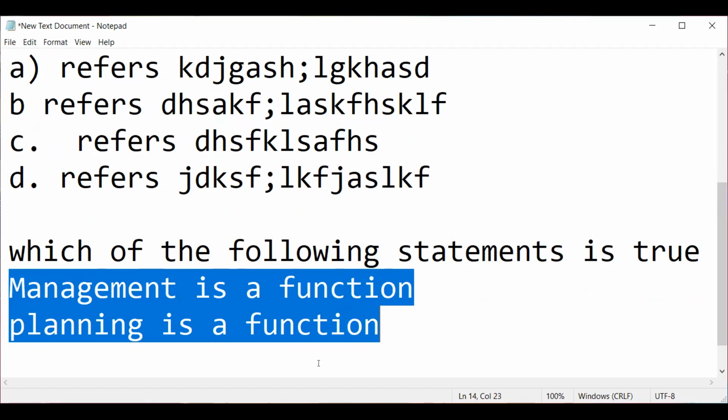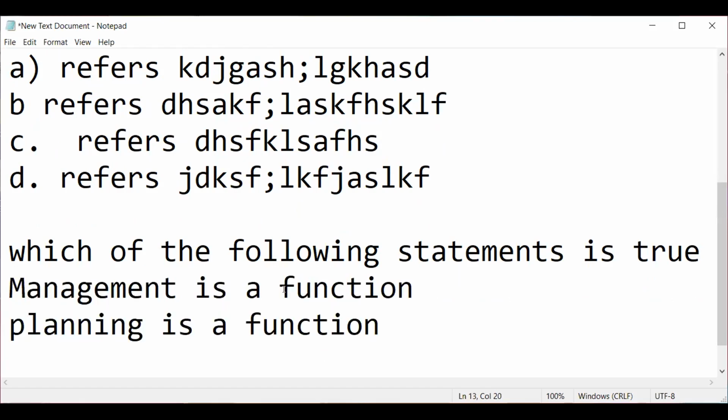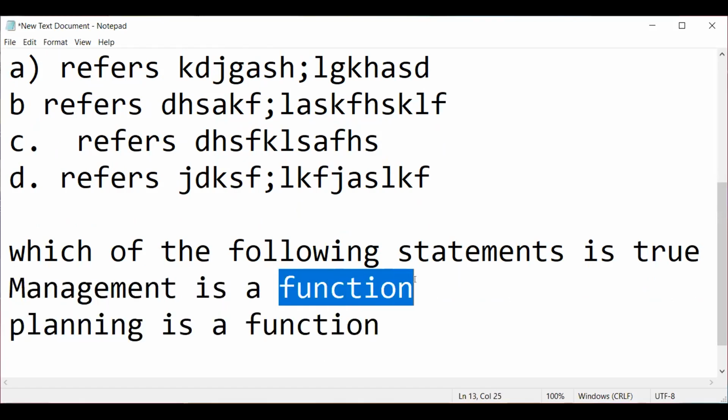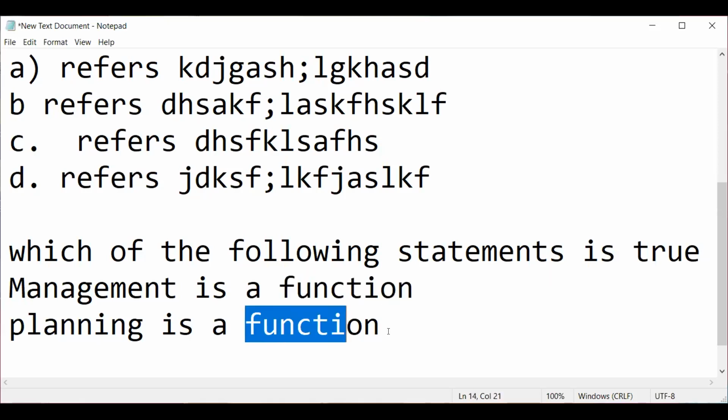Planning is a function. So this function is acting as a distractor. The student has to select one particular statement which is true. So this is one kind of question.